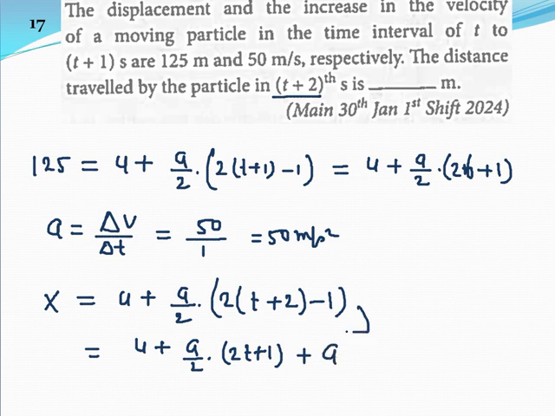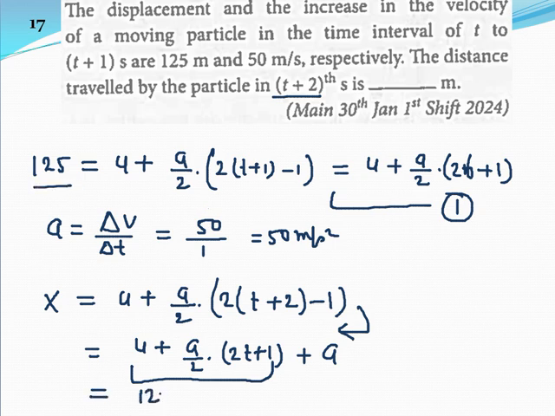If you arrange this, this value we have given in equation number 1, which is equal to 125 meters, and the acceleration is 50. So the answer is 175 meters. This is the answer.